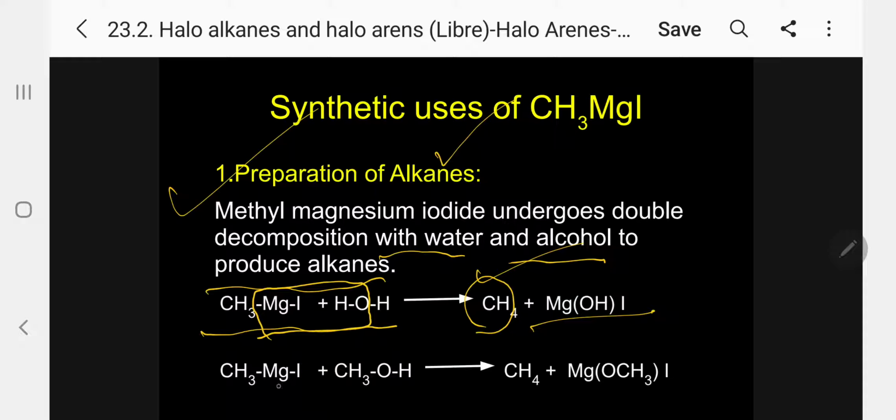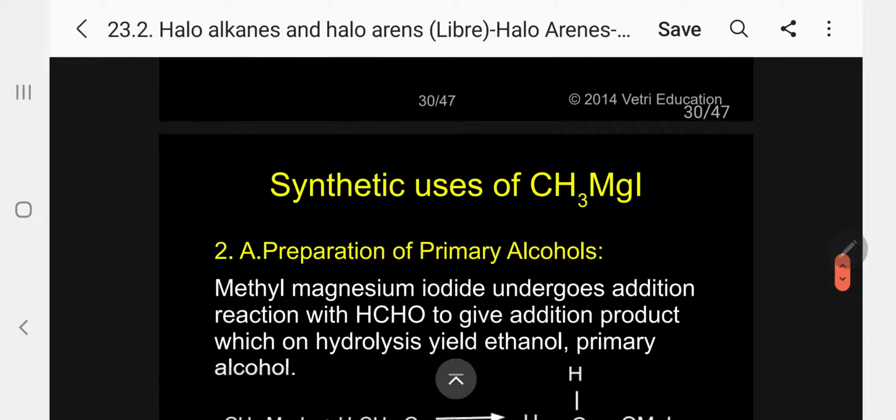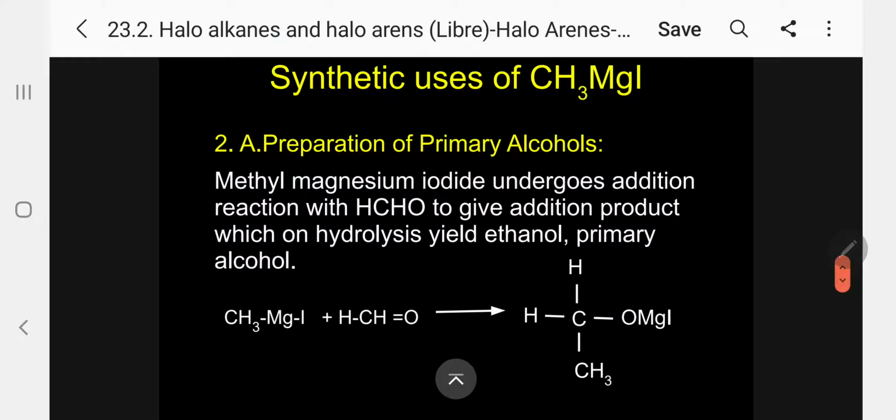In the same way, if we take alcohol, the CH3 takes this H, producing methane, and correspondingly Mg(OCH3)I is formed. Kindly follow. Here the reagent is providing a proton, so that the alkyl or aryl part combines with the hydrogen to form alkane. A very, very easy method of preparation. This is for the alkanes.